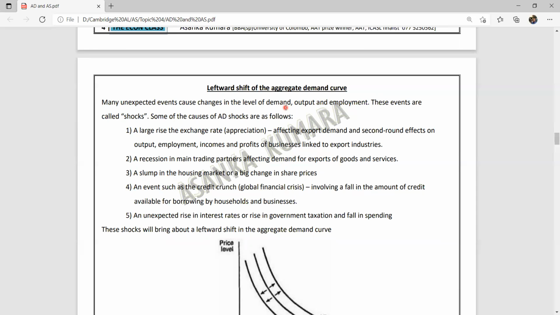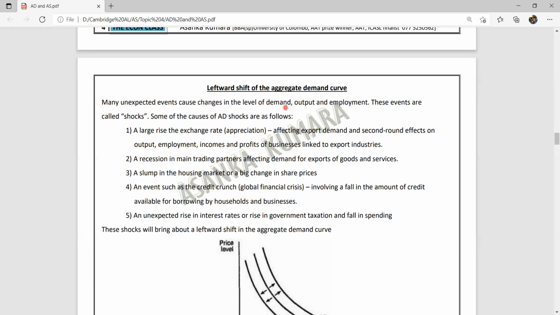Earlier you observed depreciation increases exports and reduces imports. Now appreciation means our country's currency is expensive, so we export less but import a lot. As a result, the country's net exports fall.